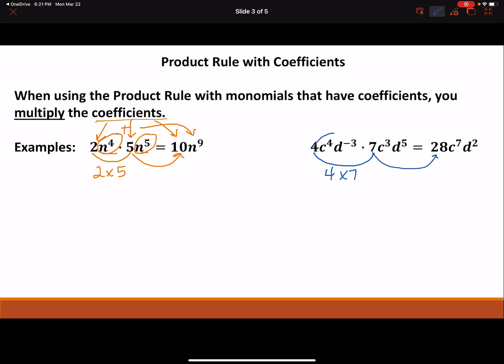And then I'm going to take each of these variables separately, my base of c that's the same, and take those two exponents and add them together, because this is the product rule, so we add, and that's going to give me c to the 7th. My next variable is d, and I'm going to take negative 3 and add 5, and that's going to give me d squared.